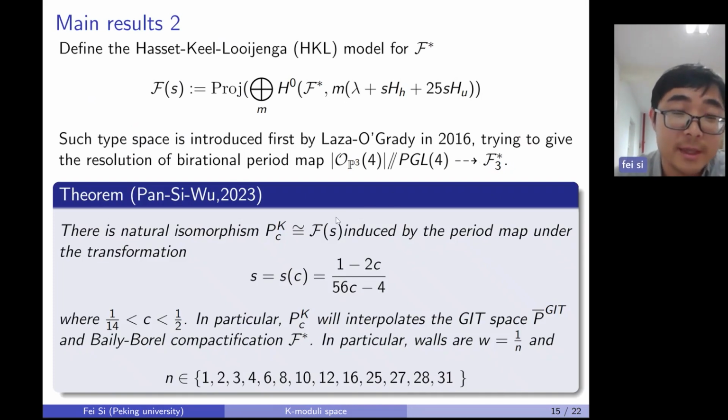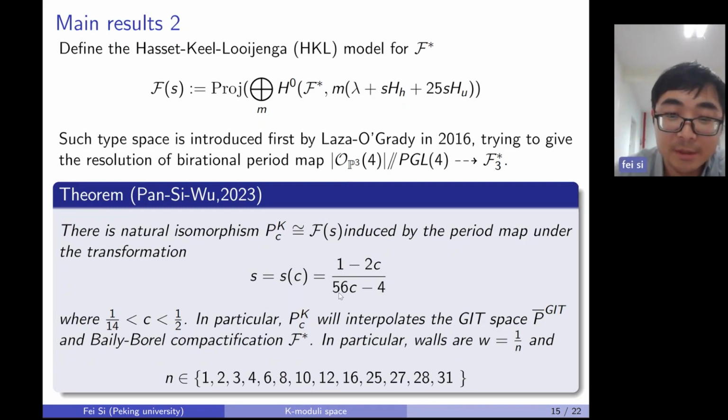Our second result is that we can identify our K-moduli space as this scheme. So you can see it is Proj of a ring, because a priori we do not know whether this section ring is finitely generated. Actually, this isomorphism can be induced by the birational period map.